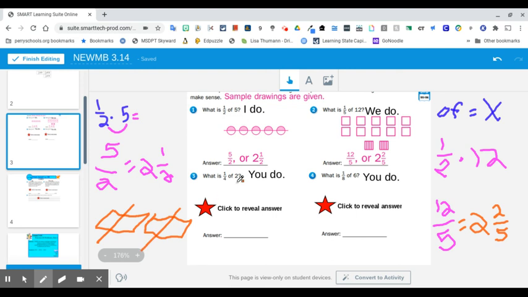So 1/4 of 2 is going to be worth how much of 1? Use that picture to help you with your thinking. And then what is 1/8 of 6? You're going to take 6 things and divide it into 8 groups. 6 divided by 8.